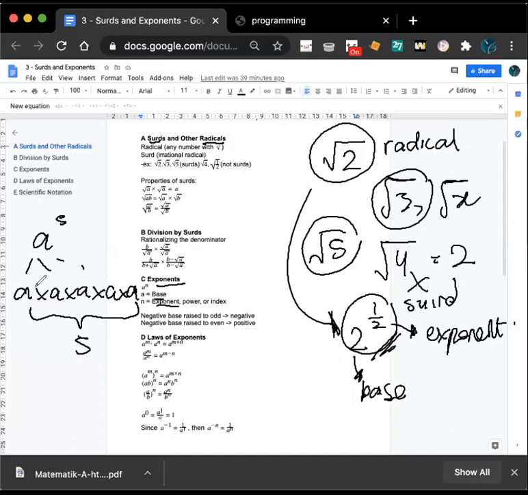Because this is very long, we usually compress it by just writing a with the 5 above it, right here. But there are also little things that you can do with this, which will be seen later, such as how a to the power of minus 1 becomes 1 over a.